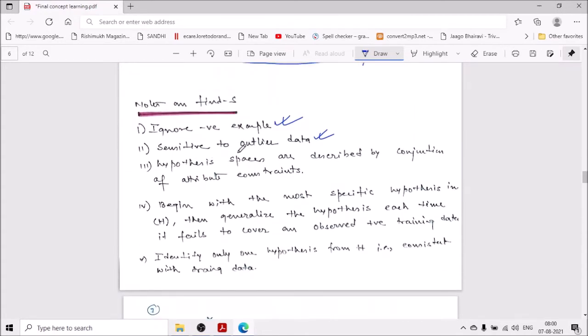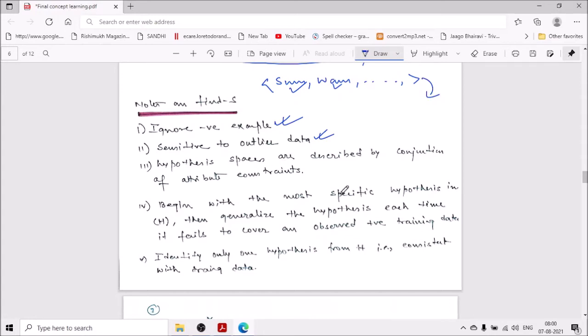Now, hypothesis spaces are described by a conjunction of attribute constraints, say sunny, warm, and so on. That means we have to check the attributes to give the result.